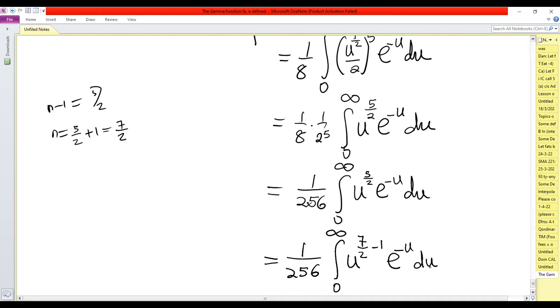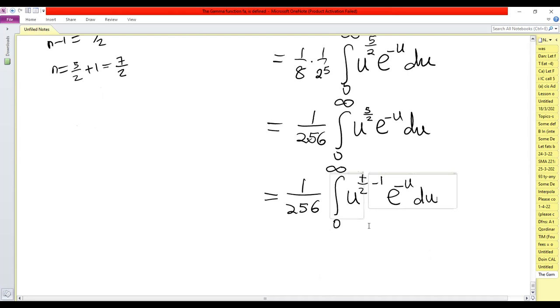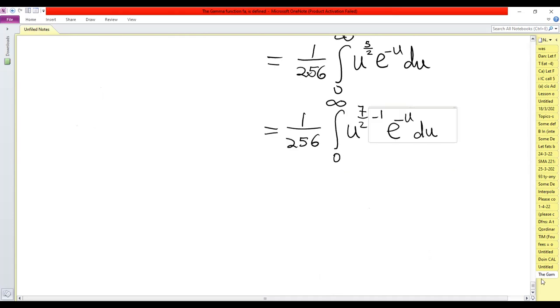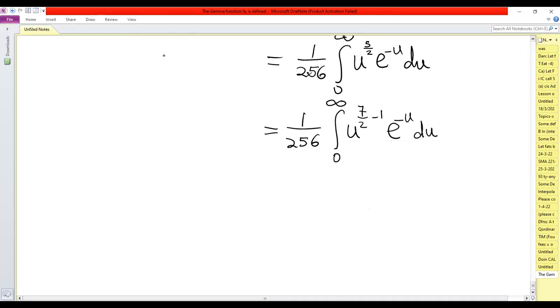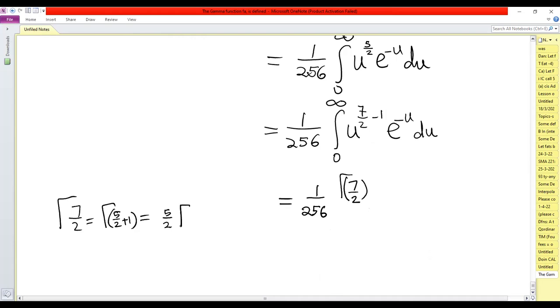Now, by rewriting that integral in that form, we have the structure of the gamma function. So this is the same as 1 over 256 gamma of 7 over 2. Now, gamma of 7 over 2 is the same as gamma of 5 over 2 plus 1, which is the same as 5 over 2 gamma of 5 over 2.